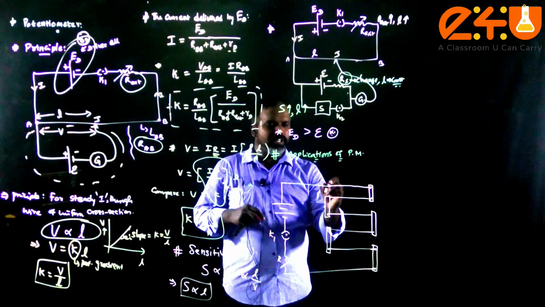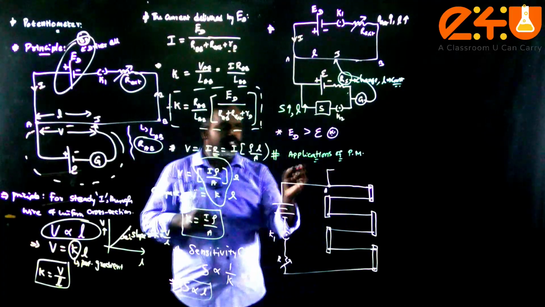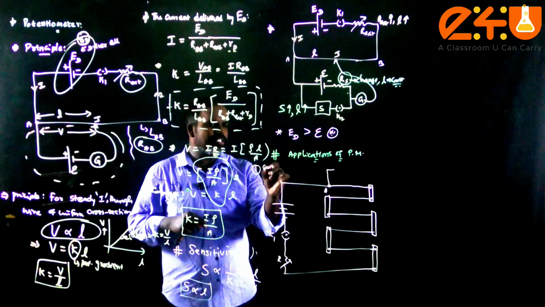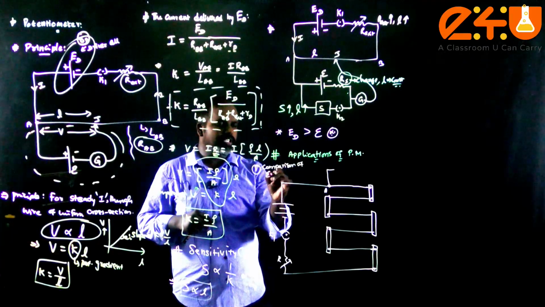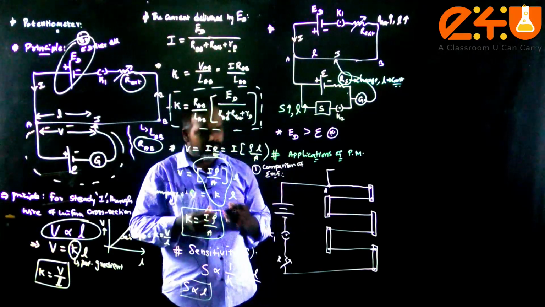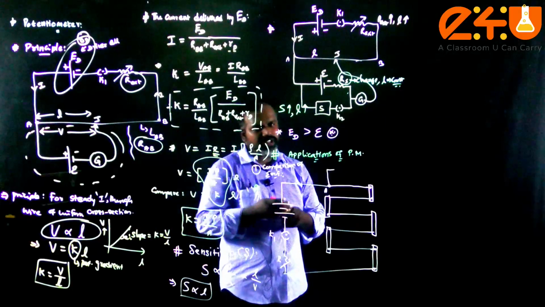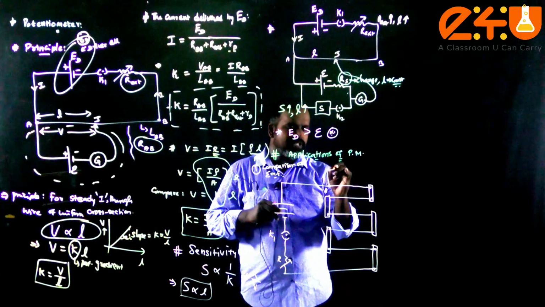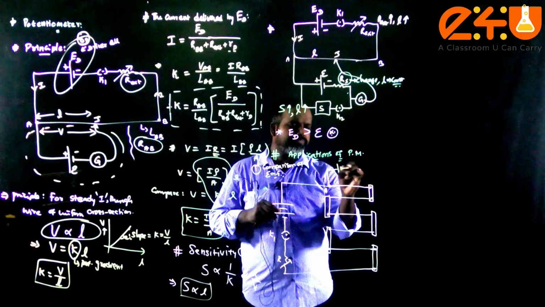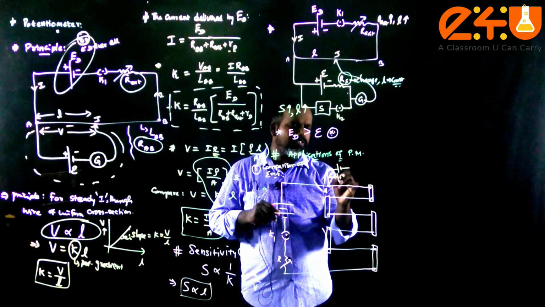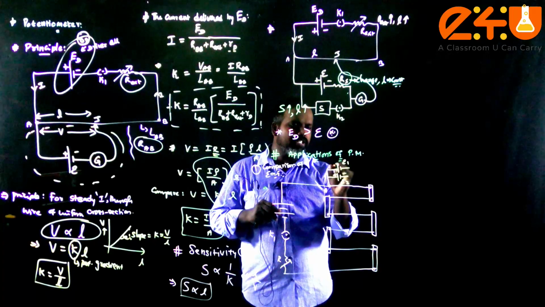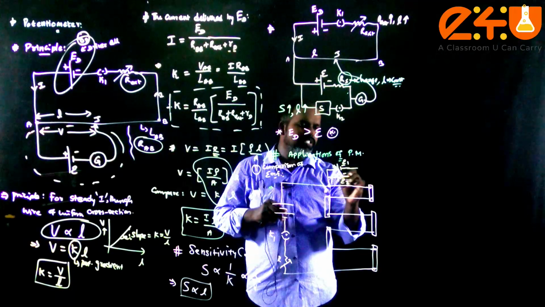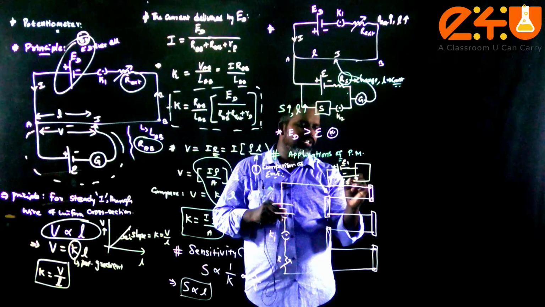Now across this terminal A, the first application we are going to discuss is comparison of EMF of the cell. For that I have to use two cells. Say this is a cell of EMF E1 and this is E2, with plus and minus, which is connected to a special arrangement of the key.